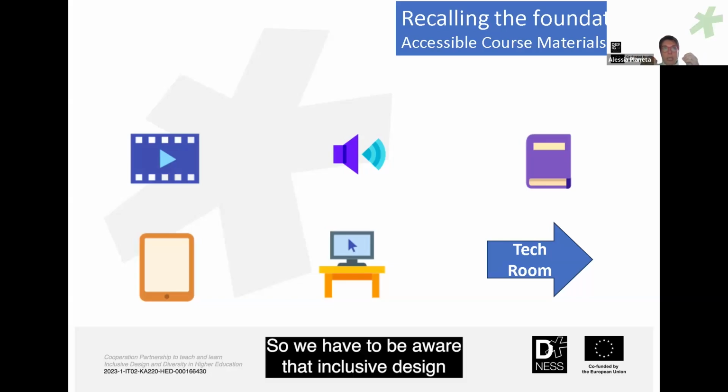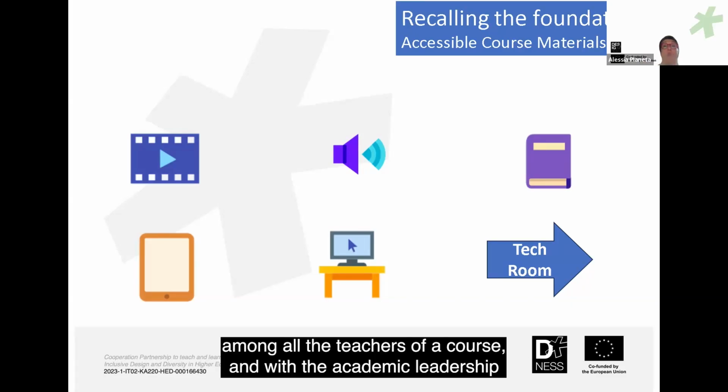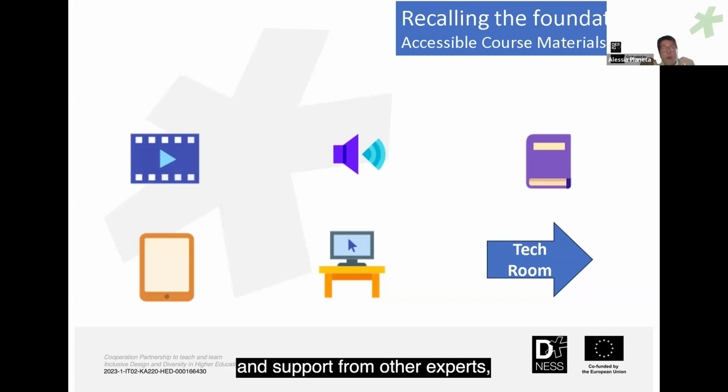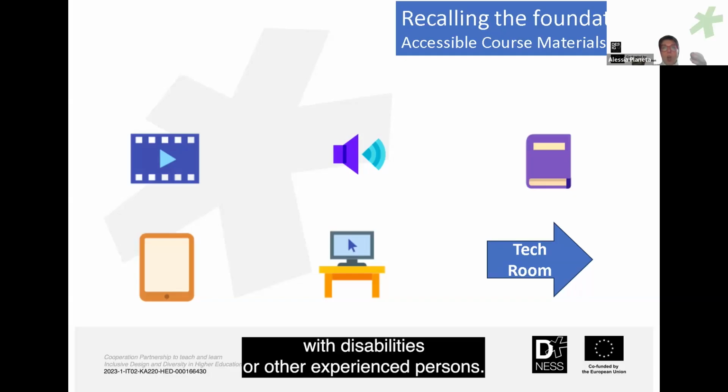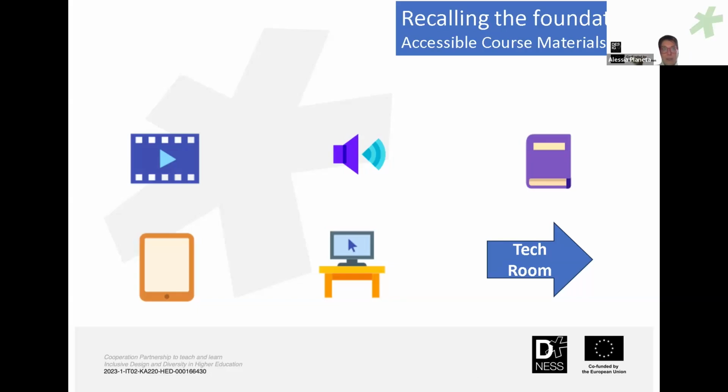So we have to be aware that inclusive design for learning requires a constant dialogue among all the teachers of a course, and with the academic leadership and support from other experts. That can be an association of persons with disability or other experienced persons. Maybe they could be the students themselves.